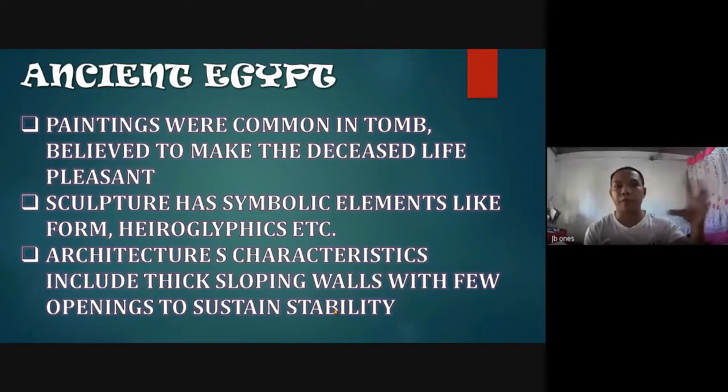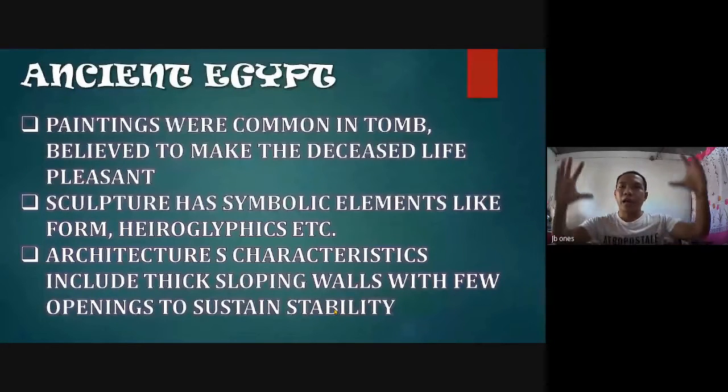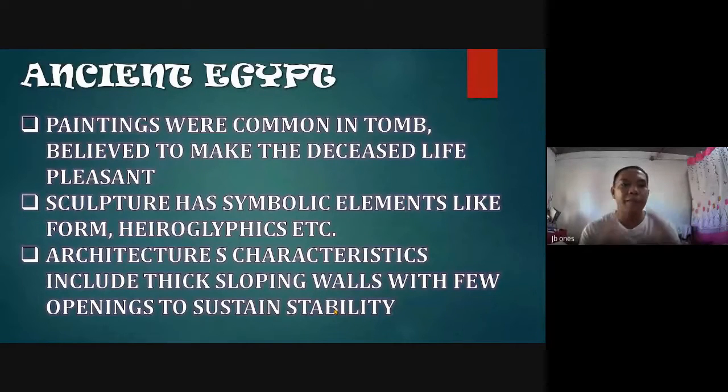It is famous on YouTube, people vlog the pyramid, and you can search about it on Google. It is a very big building, but its opening is small, only one opening at the side. They did this because the purpose was to have few openings to sustain stability, so their building would be stable. That is the function and characteristic of their artworks.